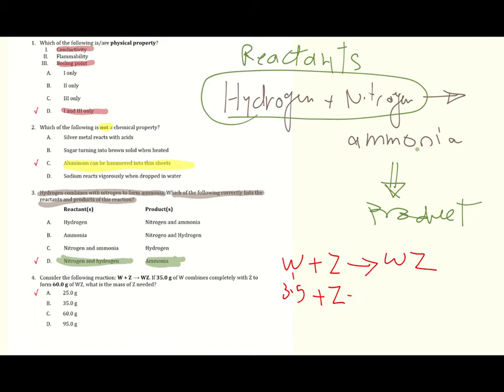So those produce 60 grams of WZ. What is the mass of Z needed? So Z equals 60 minus 35. It's not 3.5, it's 35. 60 minus 35 equals 25 grams.